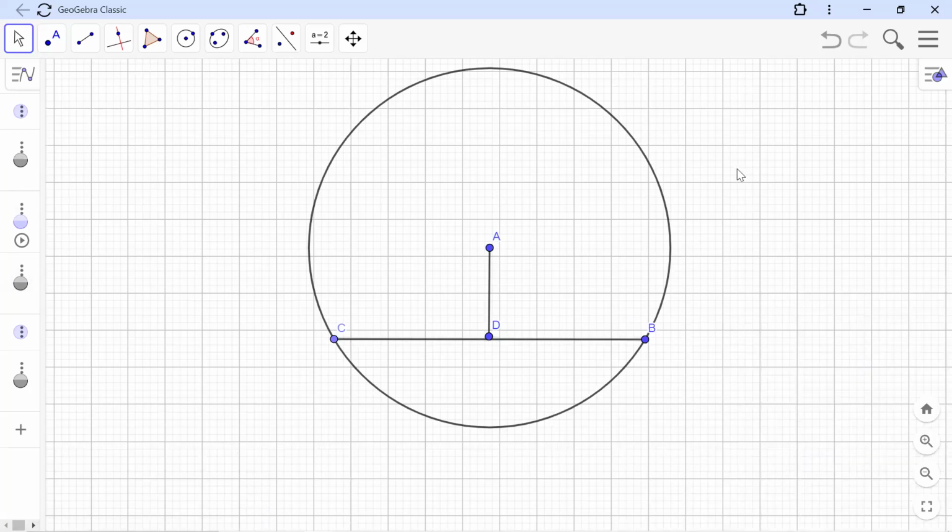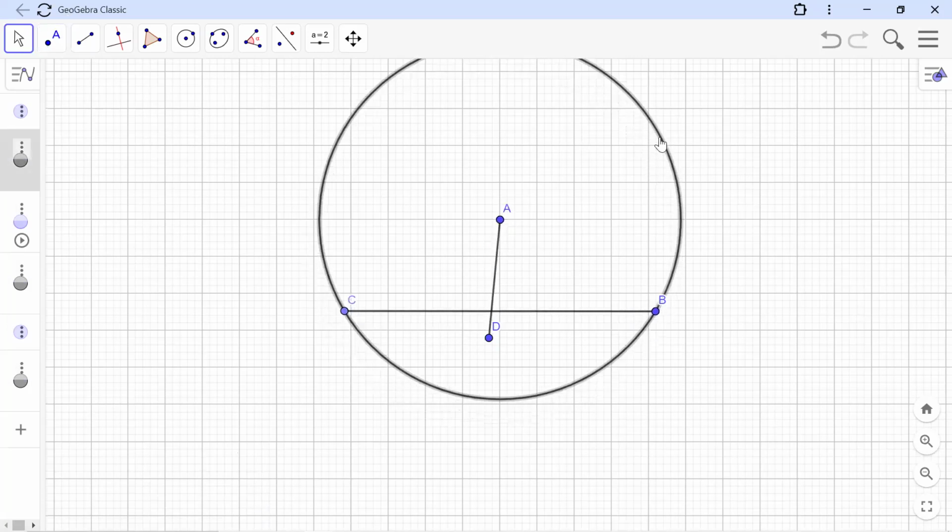So as you can see, I have my circle here, and I've got the line from the center, and I'm going to make a claim that this line is actually perpendicular to the chord. Do note that GeoGebra can actually verify this for us.